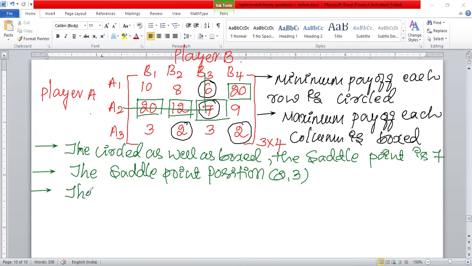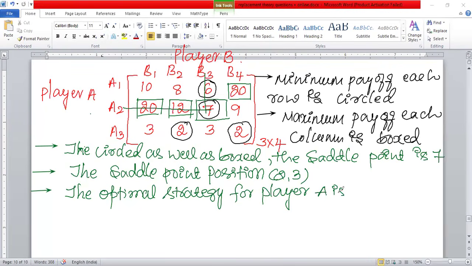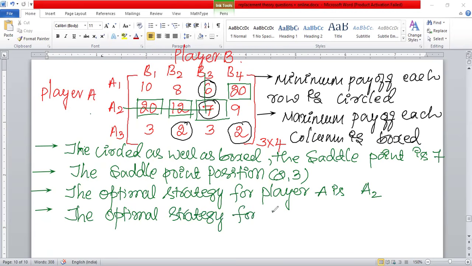The next one, the optimal strategy. The optimal strategy for player A is A2, both numerical and alphabetical. The optimal strategy for player B is B3.